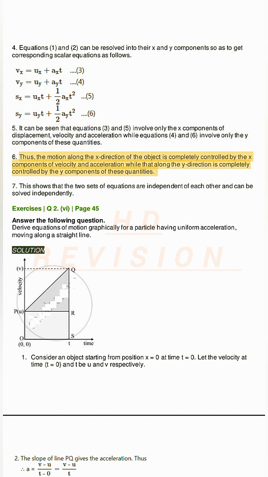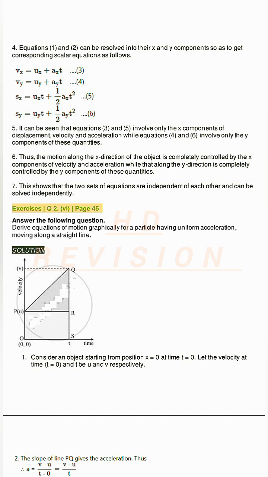Thus, the motion along the x direction of the object is completely controlled by the x components of velocity and acceleration, while that along the y direction is completely controlled by the y components of these quantities. 7. This shows that the two sets of equations are independent of each other and can be solved independently.